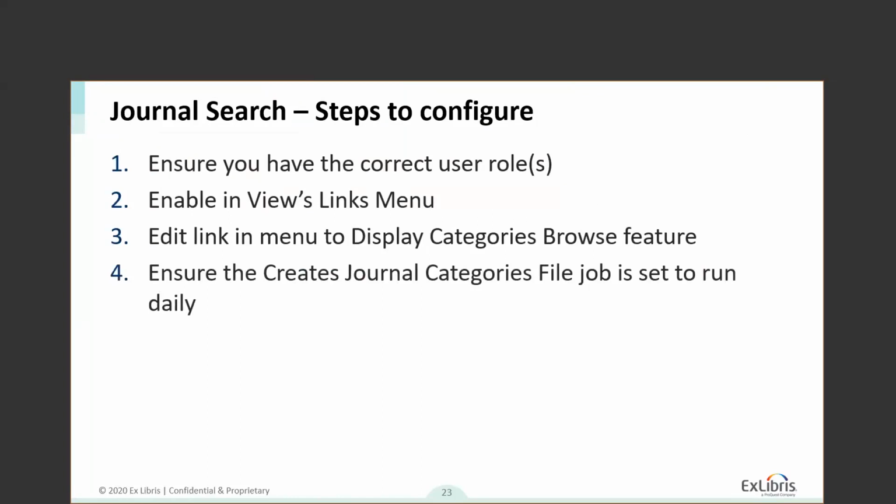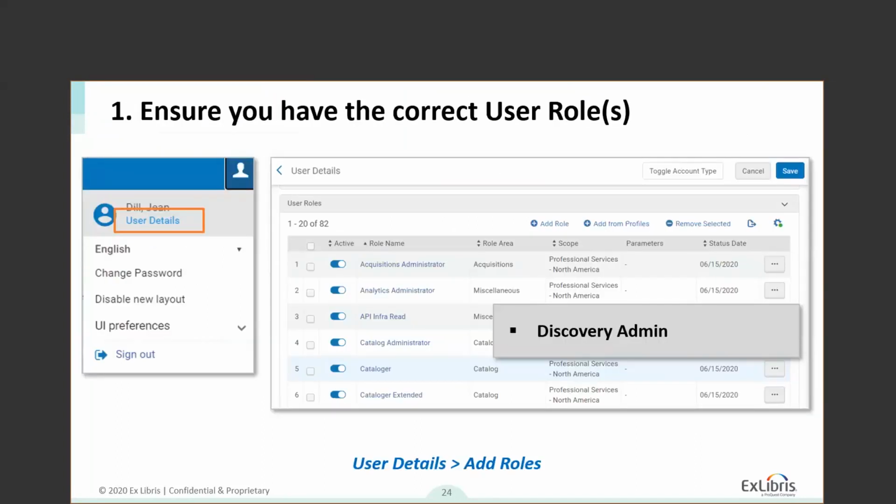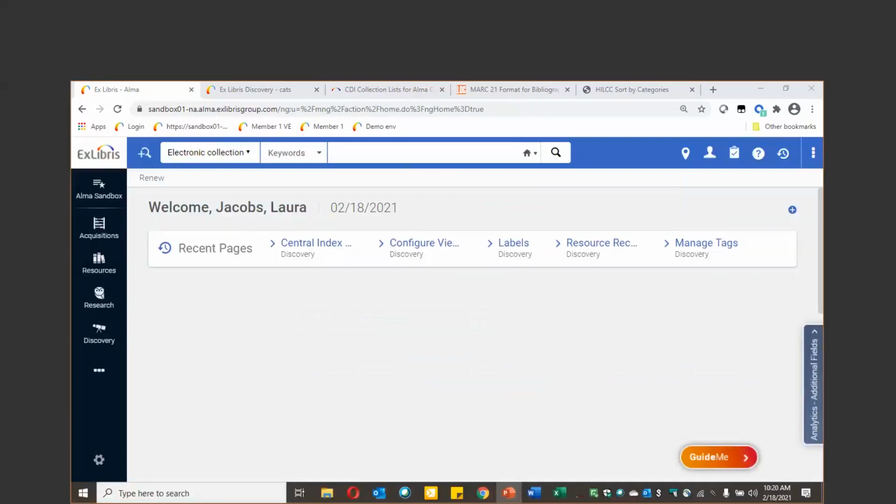So that job needs to be running in order to maintain the categories. And then you cannot change the structure of the categories, but you can change the labels if you need to. So for this one, again, you just need the discovery admin role. So let's look at the configuration for this one.